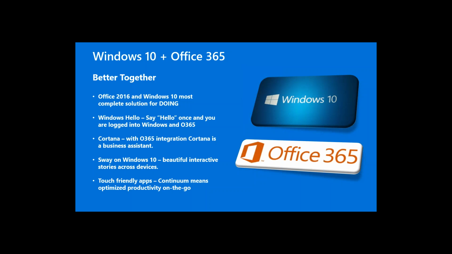So the other thing we've talked about before is Continuum. Speaking of hardware, Continuum is the transition between working with a device that converts, like a Surface, where it can be a tablet or more of a laptop, or things like the Surface Book.